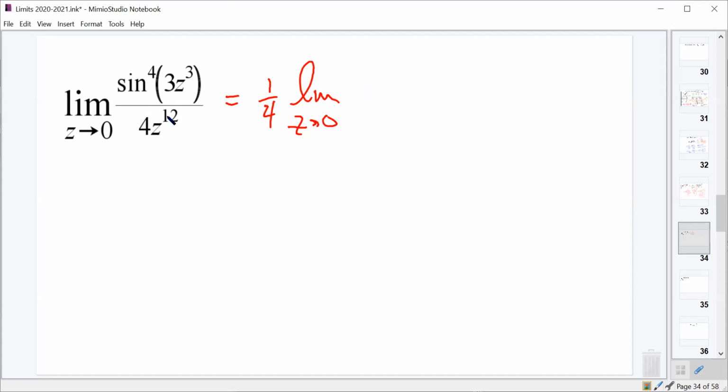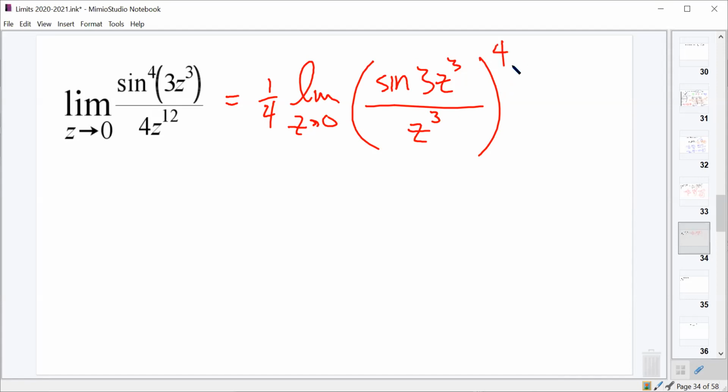That's going to give me a z to the 12th and then a sine 3z cubed to the 4th. Could I pull the 4th out of the numerator and make it sine of 3z cubed to the 4th? You can manipulate the z to the 12th like z to the 3rd to the 4th power.